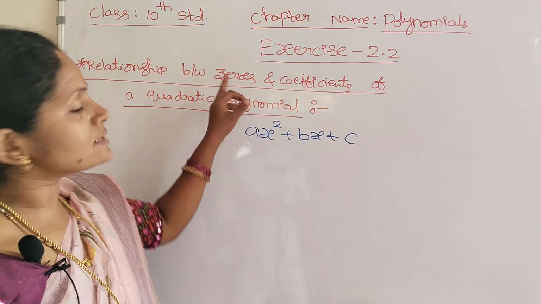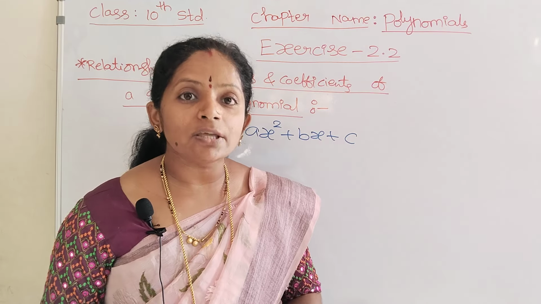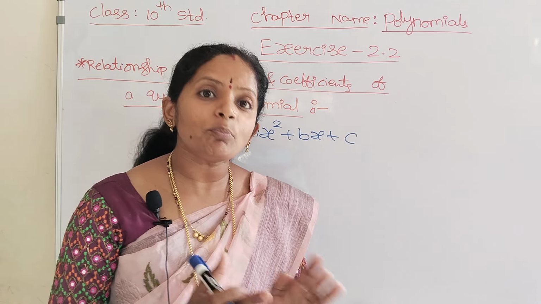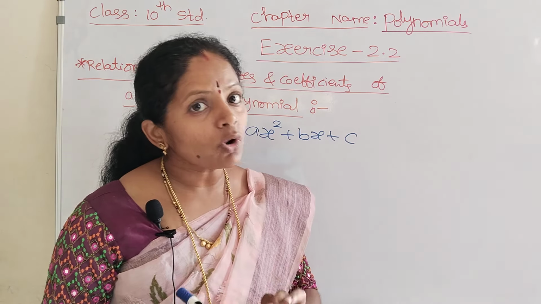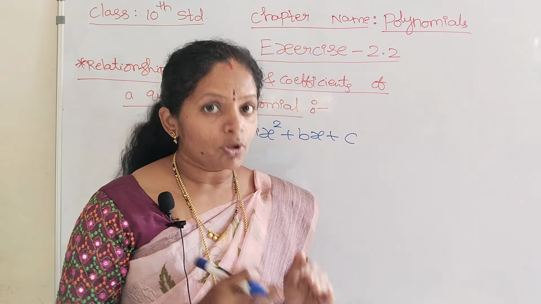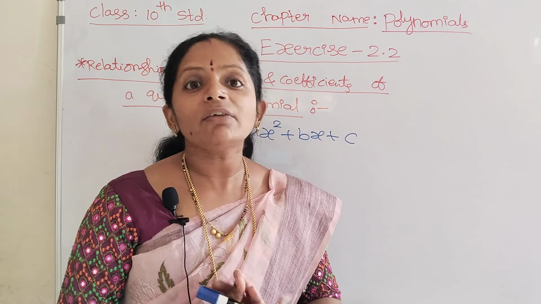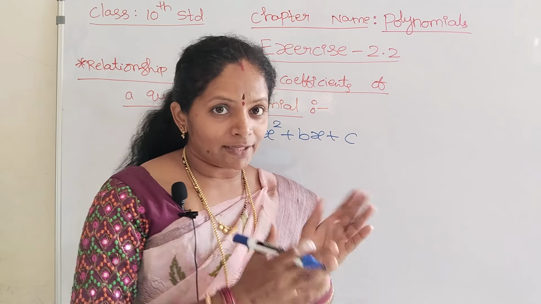Next, what is a zero? To get the zeros of a polynomial, we have to equate the given polynomial to zero. Now the question comes, how many zeros exist for the given polynomial? It is based on the degree.